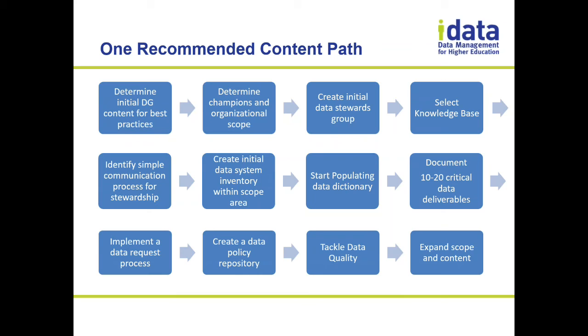If I create a privacy policy that says all data of this particular type or use needs to be tagged, it's considered private, and then you can't do X, Y, and Z, that's really great, but without that inventory, we don't have anything to apply that policy to. We don't have anything to mark as private. So I think if you can do inventory first, or at least in parallel, focusing on policy first can really hang you up a bit.